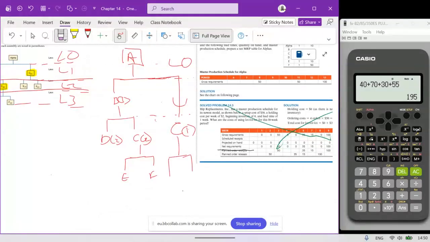Okay. E and F, they are 1, 1. So now C needed to adjust to another level.